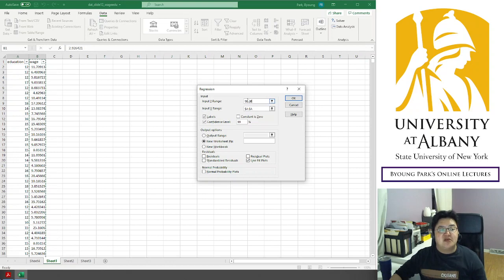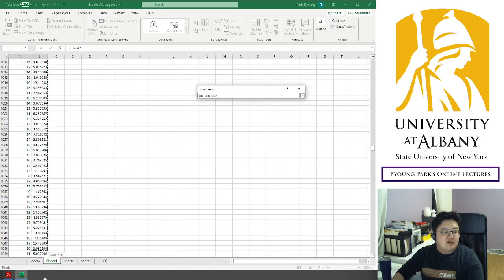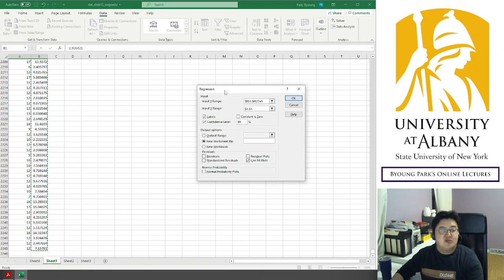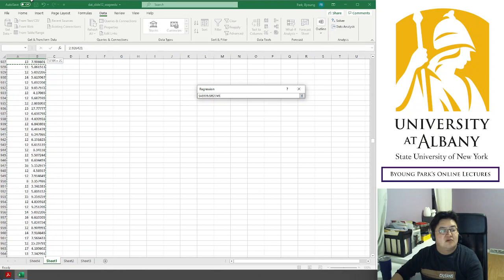The problem is you have to specify the area better. I just chose column B, but it did not work. You have to choose up to this point, and from there it goes forever.